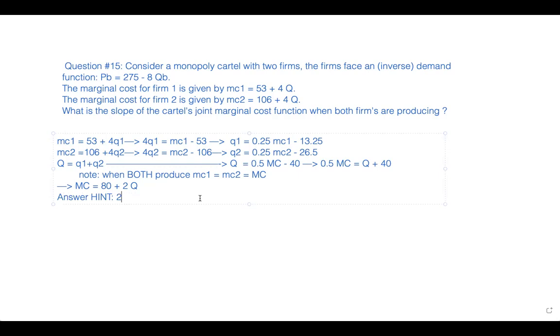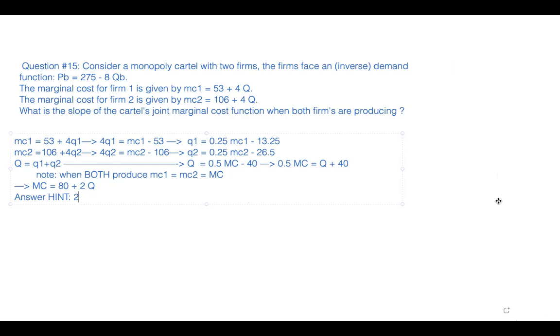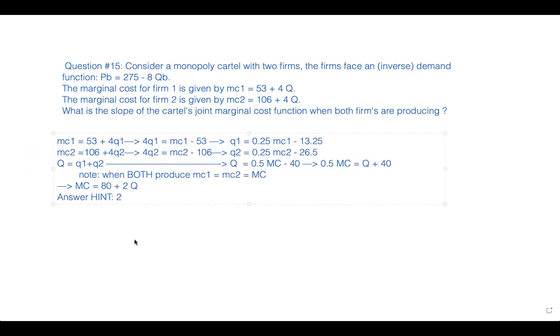Now, the thing that hopefully, well, we'll go ahead and we'll go through these really quickly. So 16 says what's the intercept of the cartel's joint marginal cost function, and I'm assuming you all got that one too.